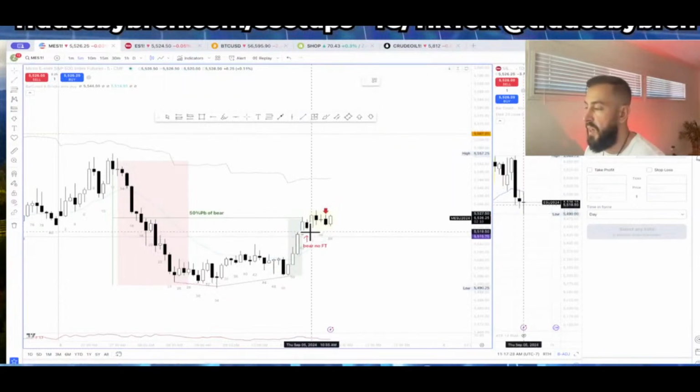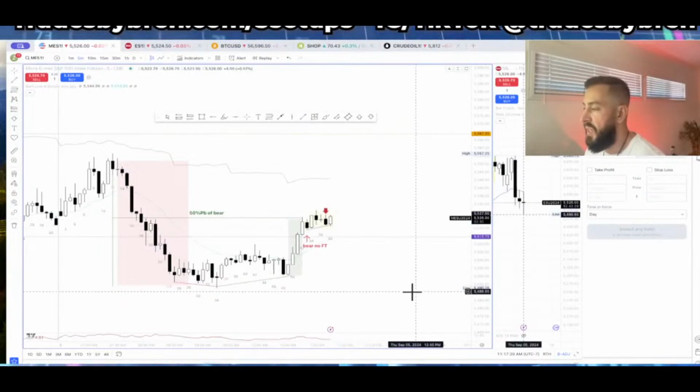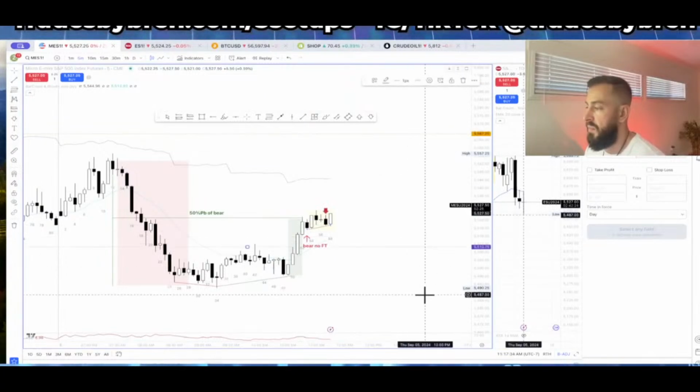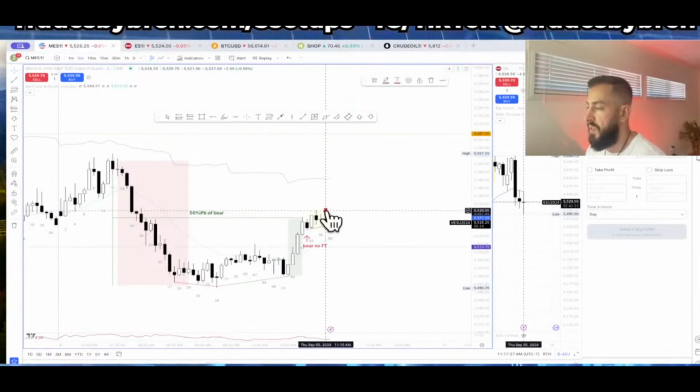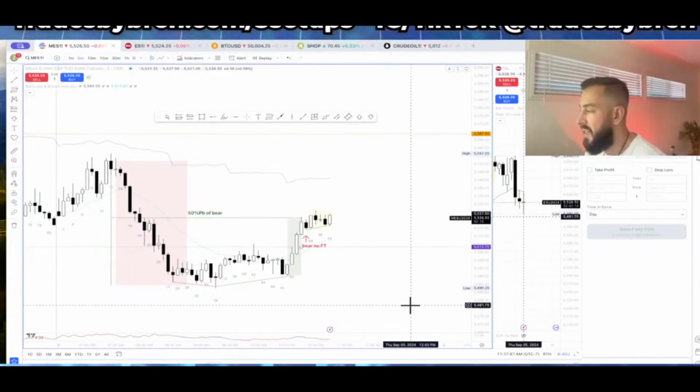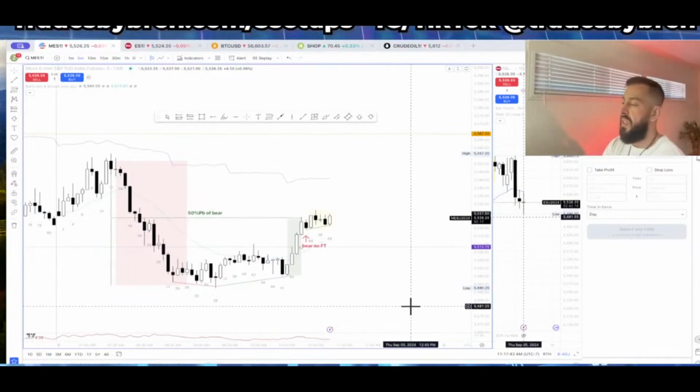Technically still in a bull trend because these are higher lows. You see that? So yeah, that would be a bad sell right there. Not really a sell in hindsight. So I'm going to delete that.